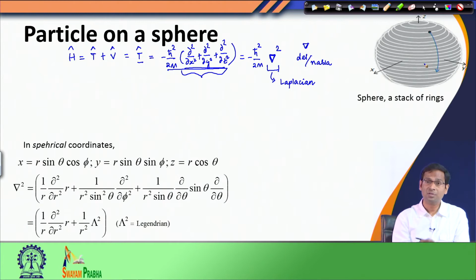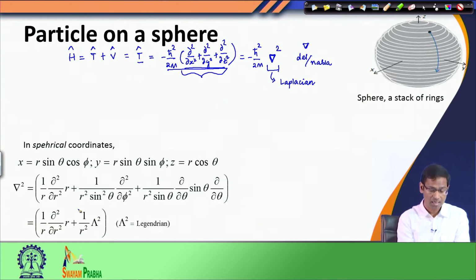Since my particle is going on a sphere, I know the value of the radius of the sphere. So for this problem r is constant, because I am defining that my particle is moving on a sphere of radius r. Since r is a constant, the first term in this Laplacian would not have any contribution, so we can ignore this term.